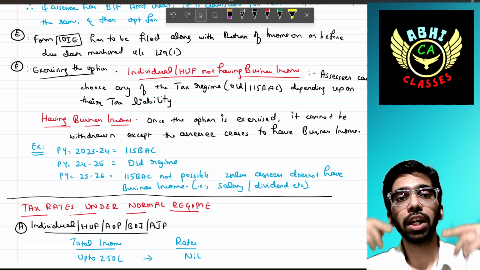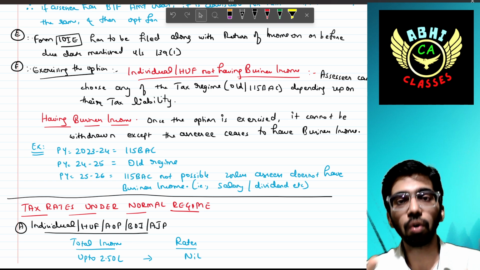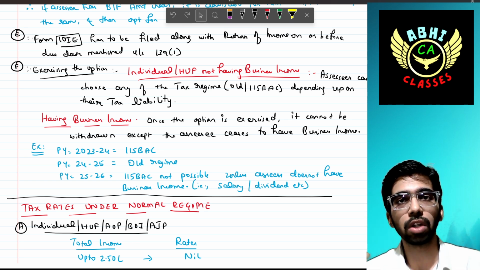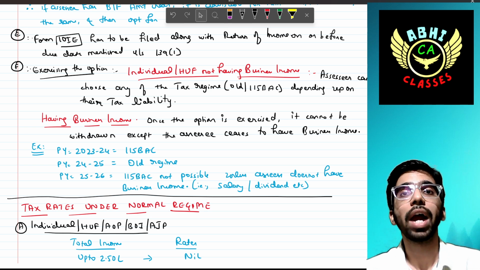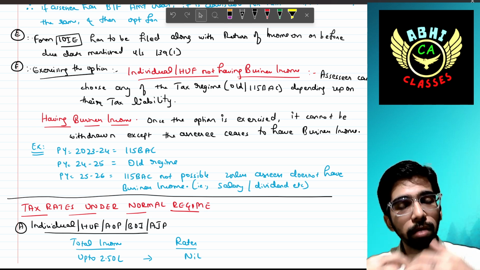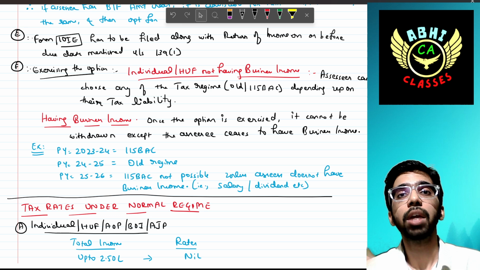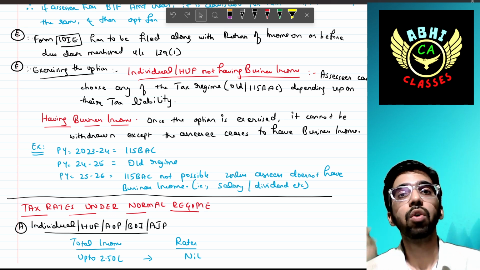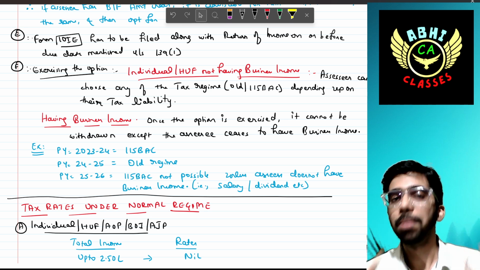If in 25-26 also I am having the business income, then I will not be in a position to come back to 115BAC. It is only possible to come under 115BAC if I do not have the business income.